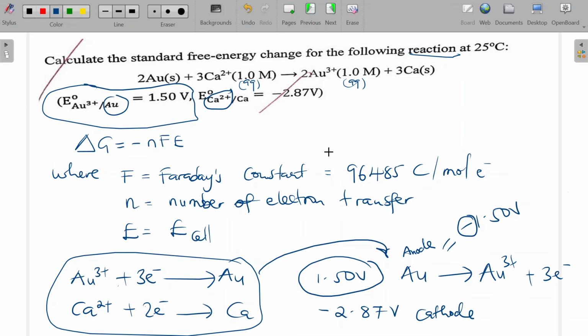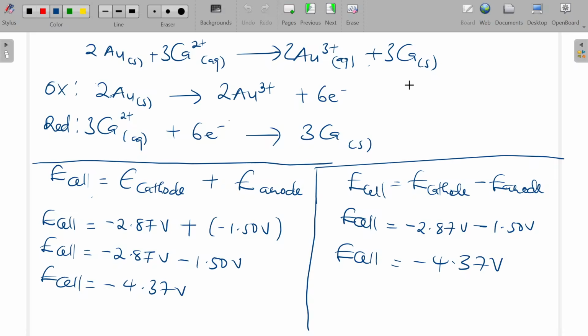If it was under normal reactions like in a galvanic cell, we were supposed to change this one. But for this question, they're telling us that gold is undergoing oxidation and calcium is undergoing reduction. We're not yet done.